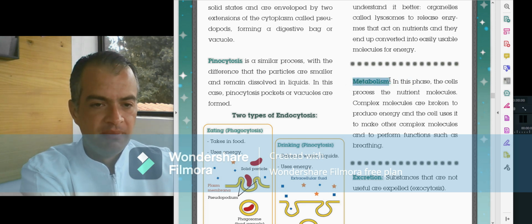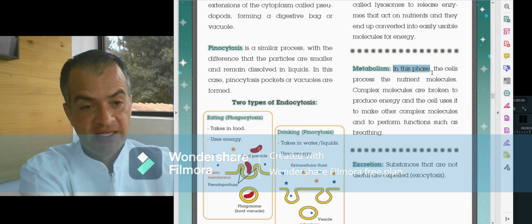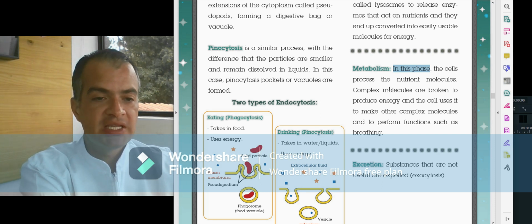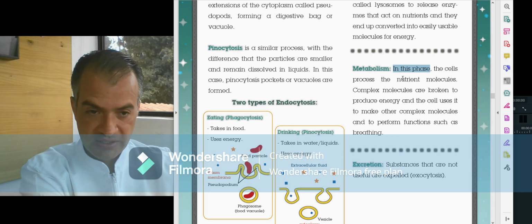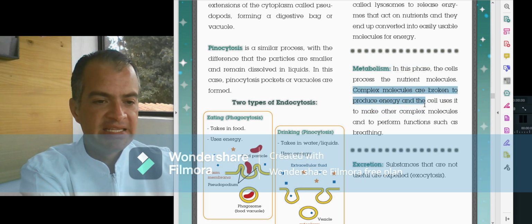Metabolismo. In this phase, the cells process the nutrients molecules. En esta etapa o en esta fase, las células procesan las moléculas de nutrientes. Complex molecules are broken to produce energy and the cells use it to make other complex molecules.